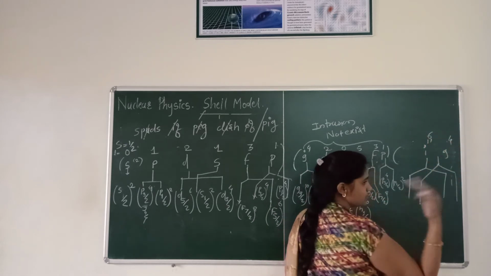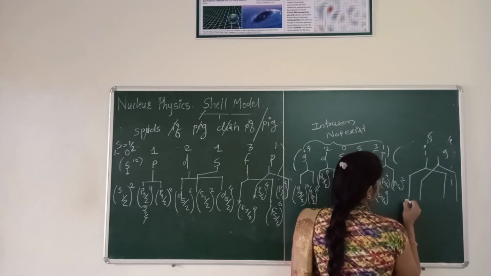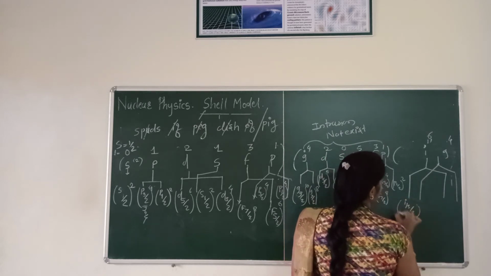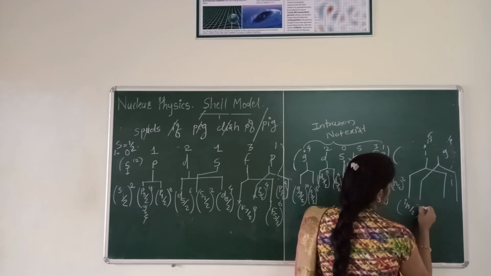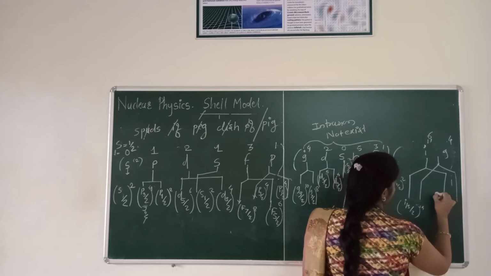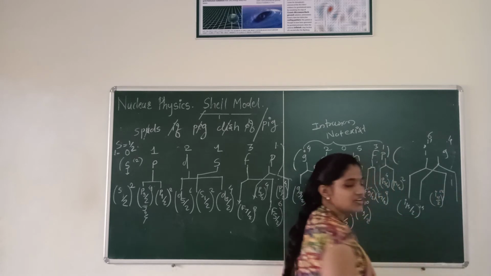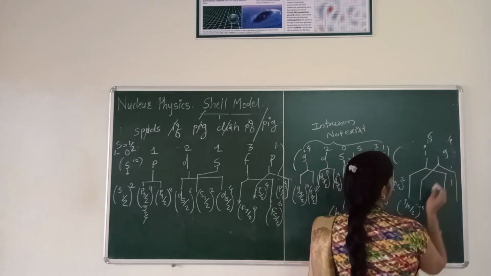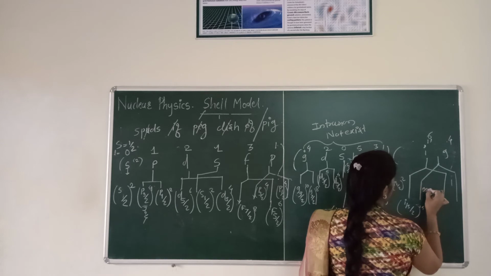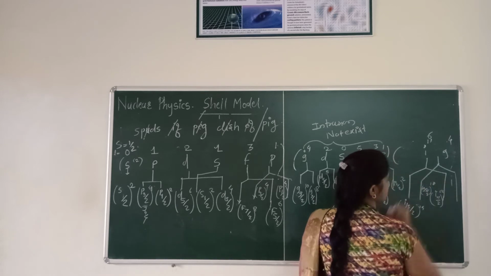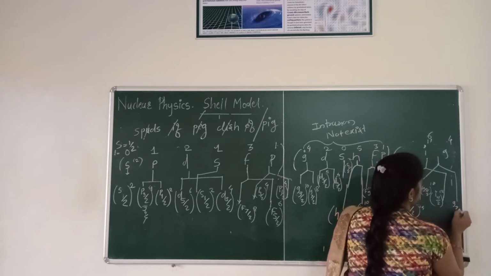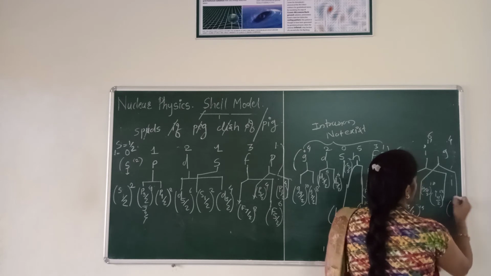That is 6 plus half. I 13/2 contains 14 terms, and I 11/2 contains 12 terms. And G 9/2 contains 10 terms, and G 7/2 will contain 8 terms.